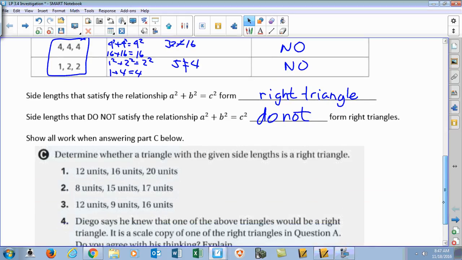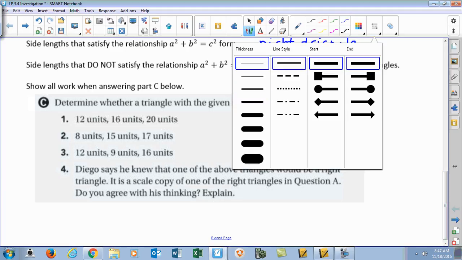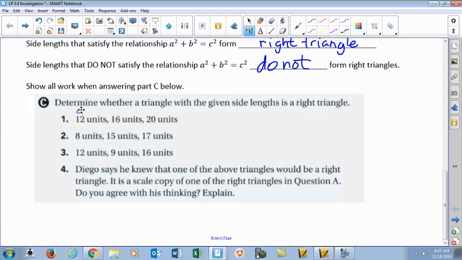All right, so let's see what we came up with. So again, plugging these in. Which one is side A? 12. I only want to hear from the ones right now. Side B is right here, right? Because 20 is the longest side. So again, 12 squared plus 16 squared equals 20 squared, right? Well, we know what 12 squared is. So number ones, what is 16 squared? 256.